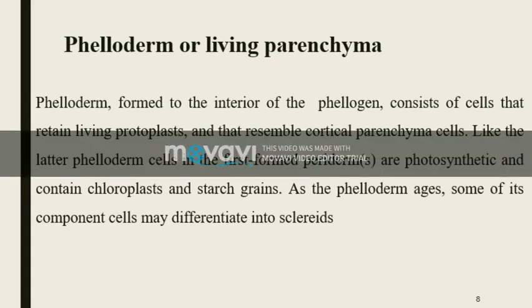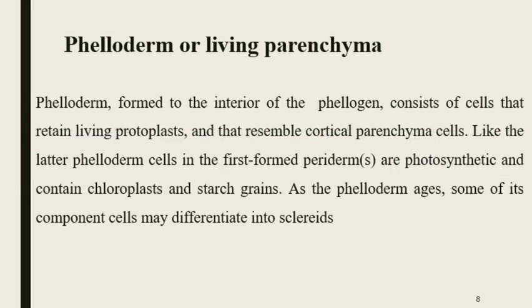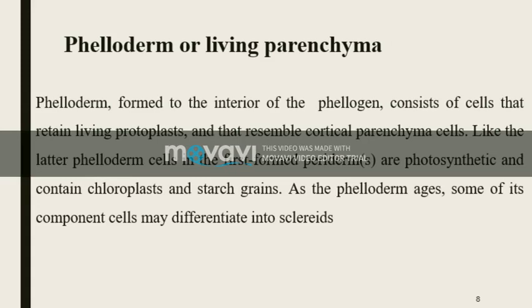also reserved in it. But after some time, when the age of the phelloderm becomes more, some of its cells differentiate into sclereids, means sclerenchyma. First they are parenchyma in nature, and then they change into sclerenchyma.